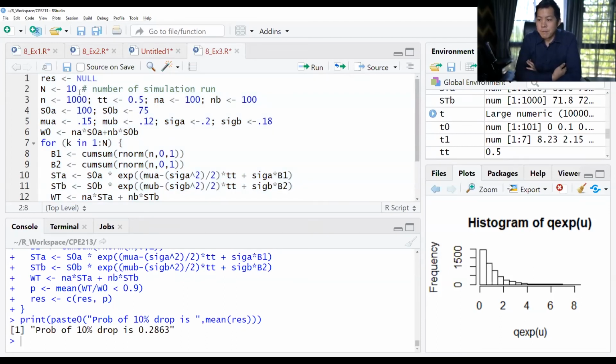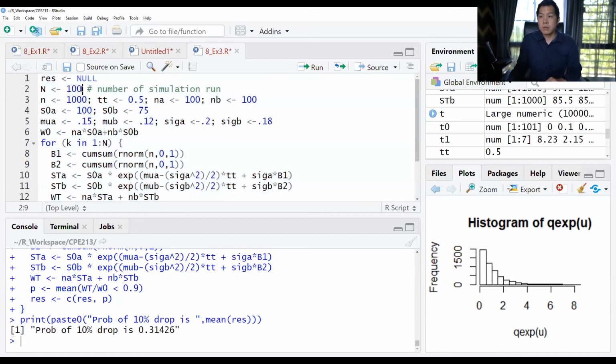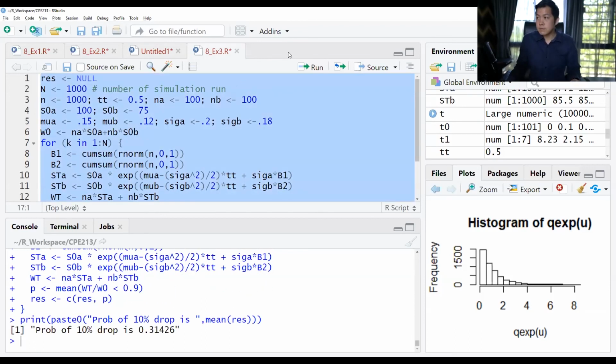The value changes every time you run, and that tells you that the number of iterations is not enough, right? Because you can see that the value does not converge to just one value, and if we increase the number of iterations, it becomes 0.3, 0.2, up to 1,000.